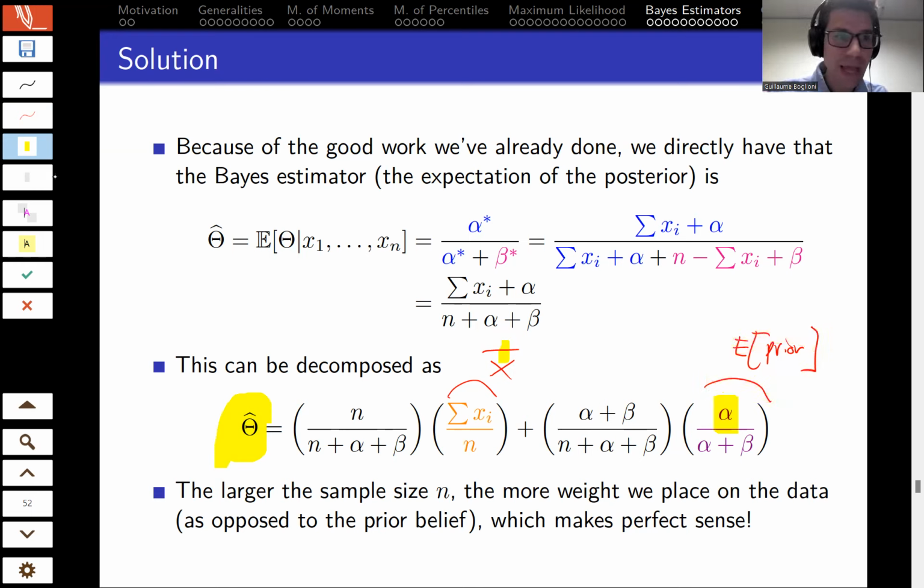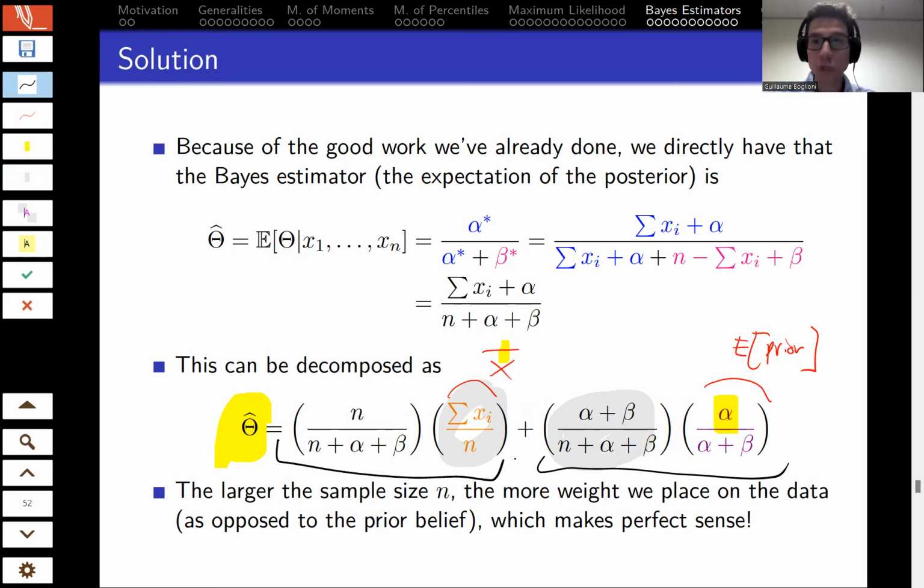But the point is, of course, that if n is very large, then this thing is going to be close to 100%, and you're giving a lot of weight to the data. If n is not so large, then this is not going to be so close to 1, and this is going to be bigger. So if n is small, you're going to give more weight to your prior, meaning you start with a certain belief, but if a lot of data is accumulated that goes against your belief, you're going to weigh this data much more in your final assessment of what theta is.